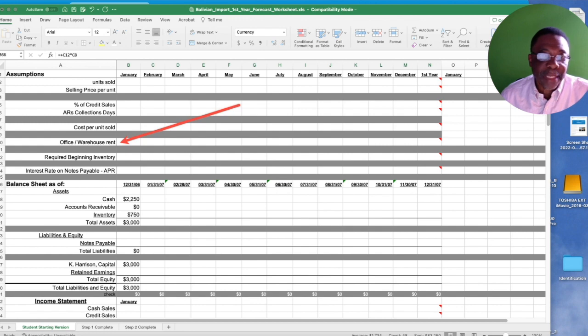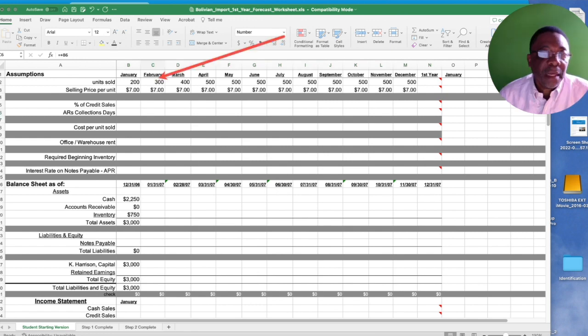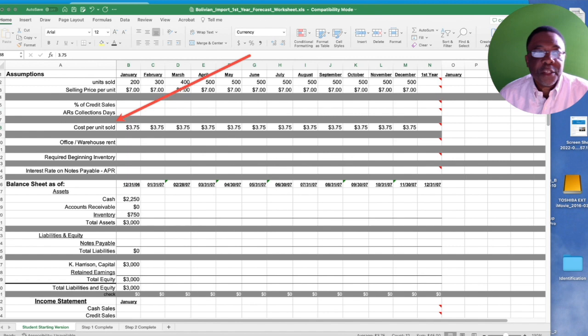Those items you already have. So we're going to populate this part of the worksheet with the information we have. Here you see I've added the units sold and the selling price per unit. Here you see I've added the cost per unit sold. Here you see I've added the office/warehouse rent for each of the first 12 months.